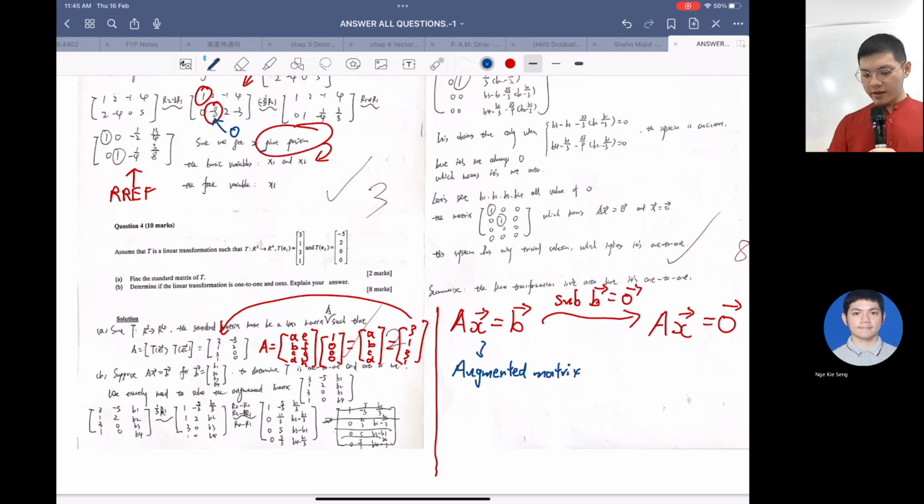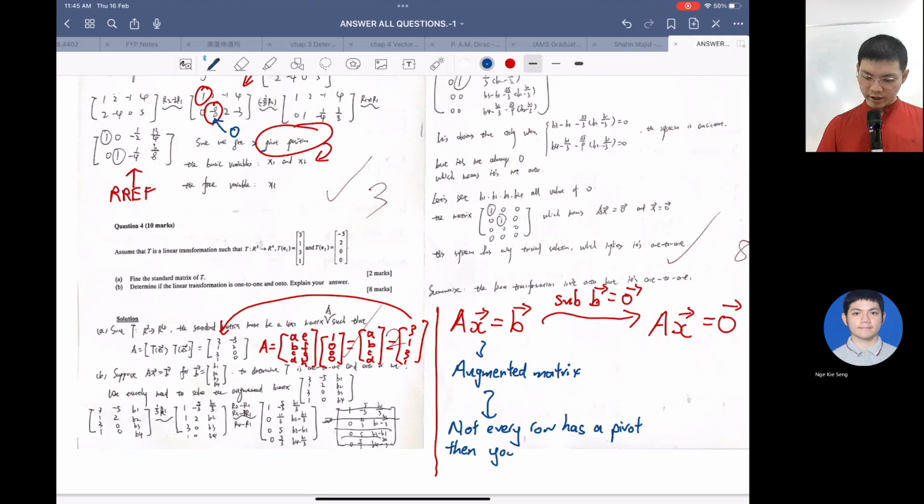And then if you found that not every row has a pivot, then what does that mean?